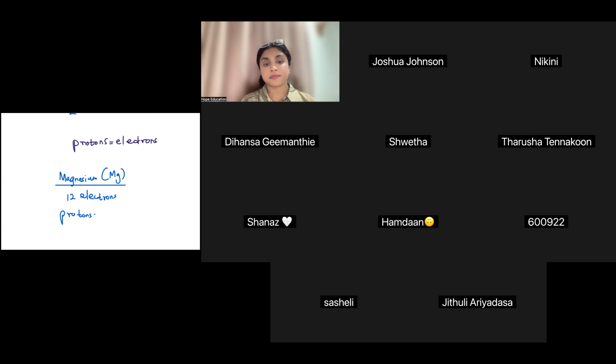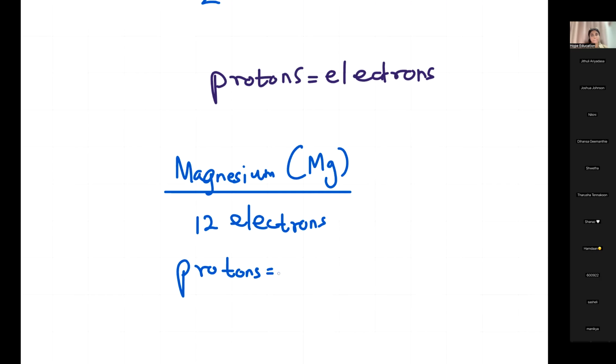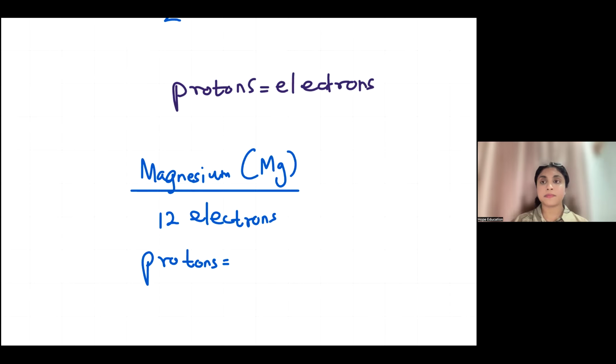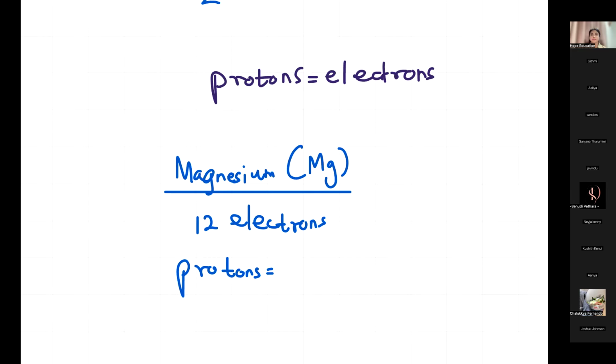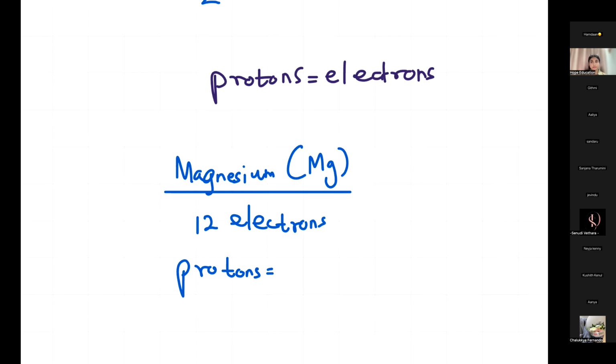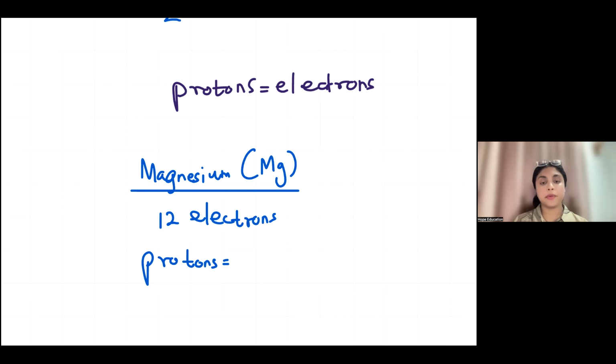12 protons. Okay. Others? Yes, 12 protons. If there are 12 protons, what is the atomic number? 12.